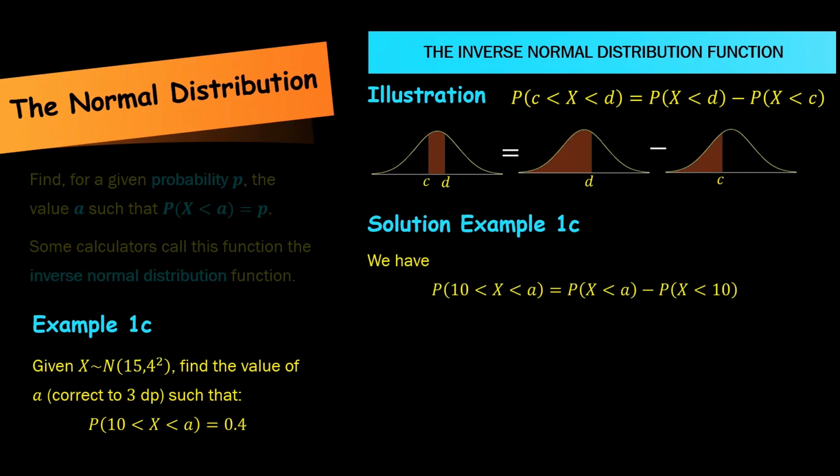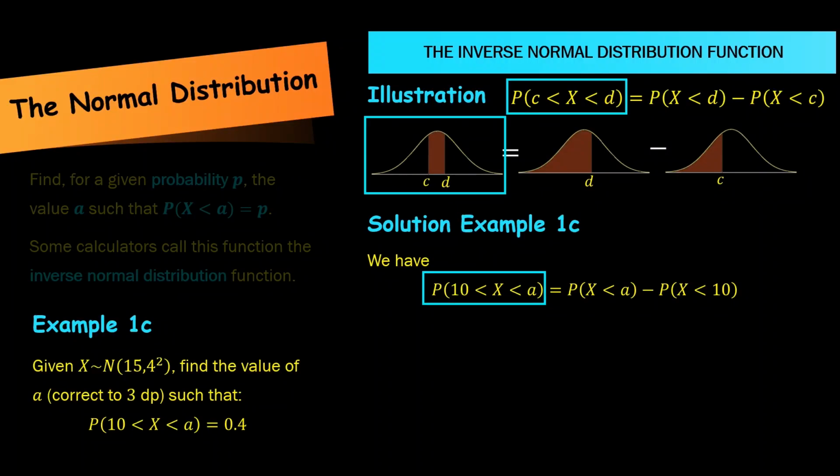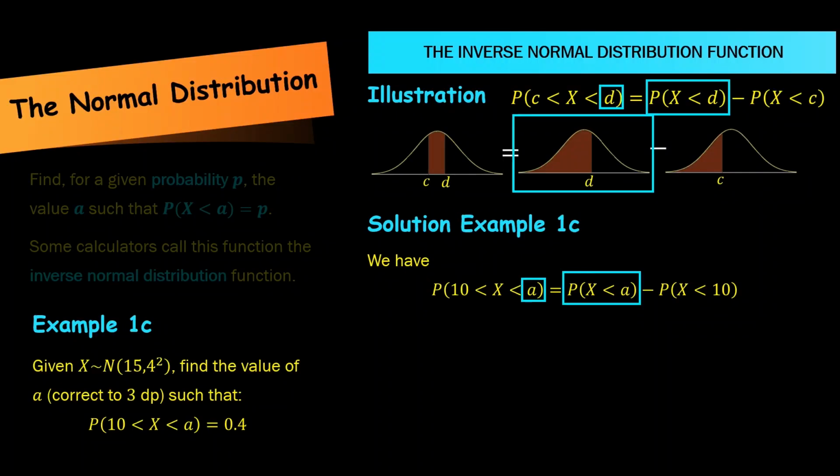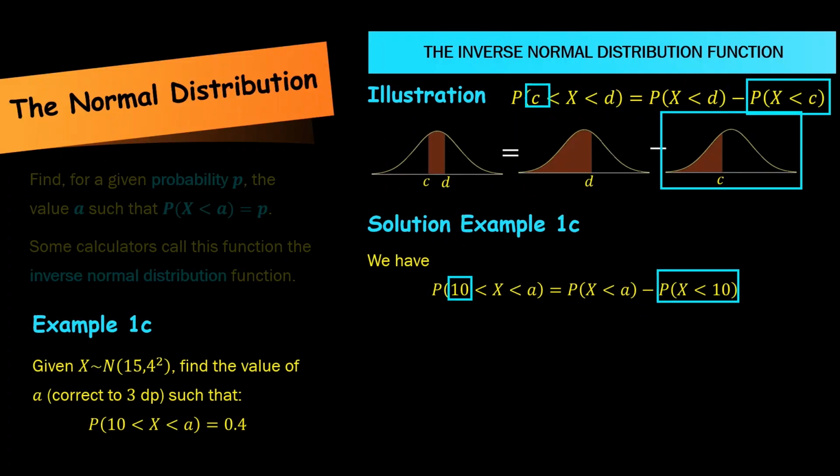So we have the probability that x is greater than 10 and less than A equals the probability that x is less than A minus the probability that x is less than 10.